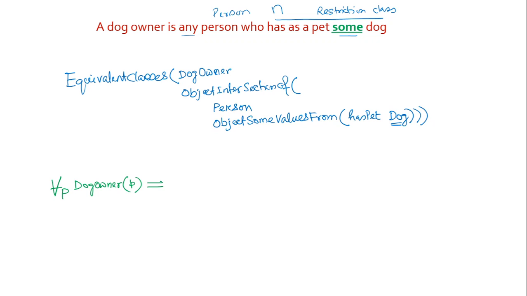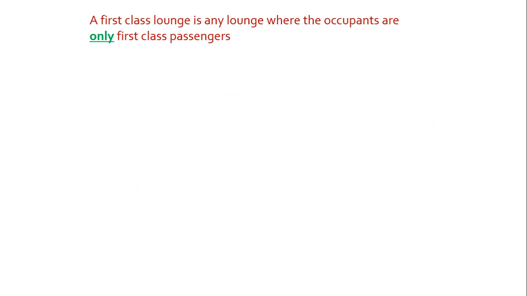We are using the equivalent classes, both way implication. P should be a person, and there exists something, say D, where P has pet D and D belongs to the dog class.